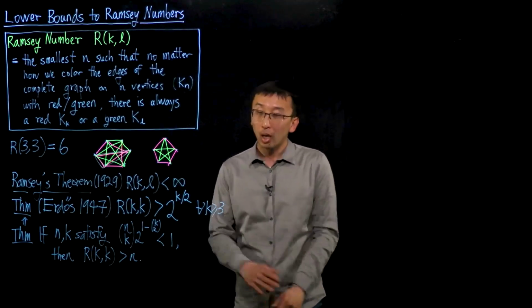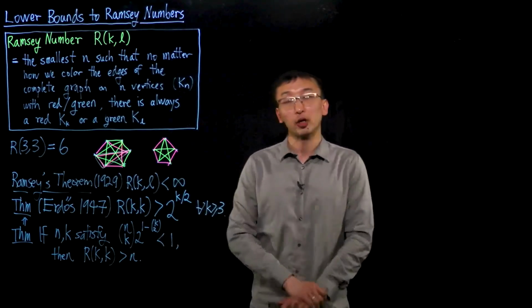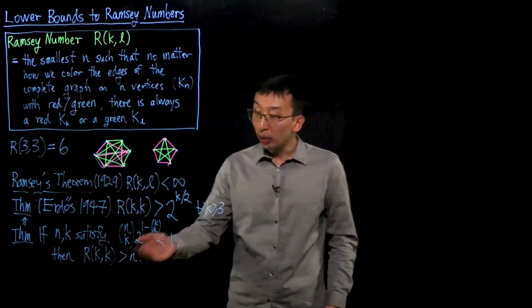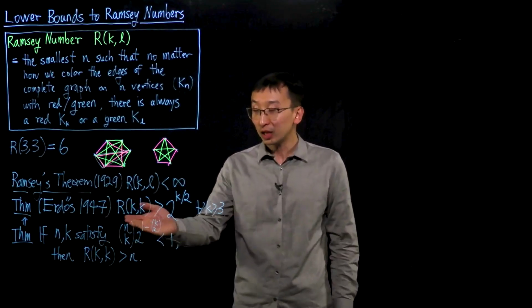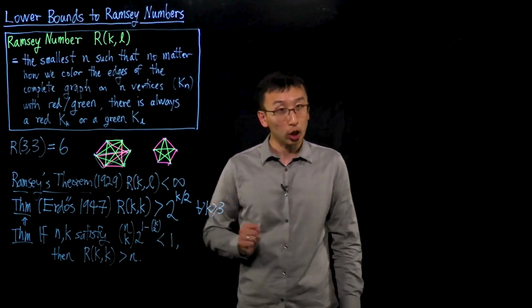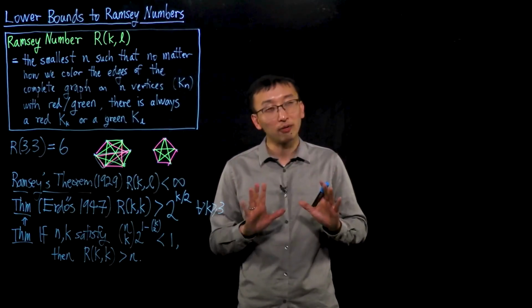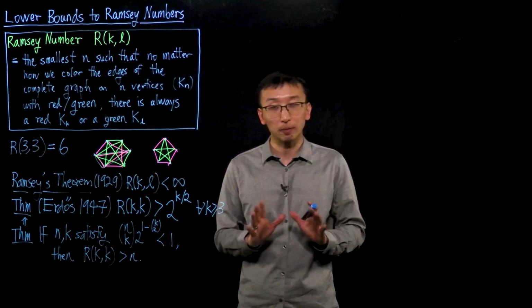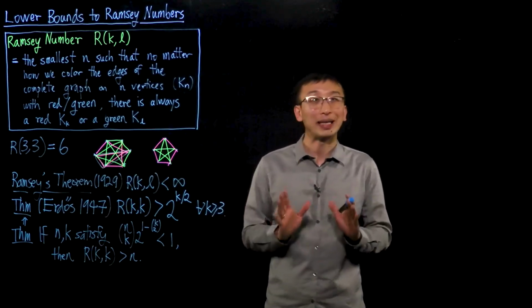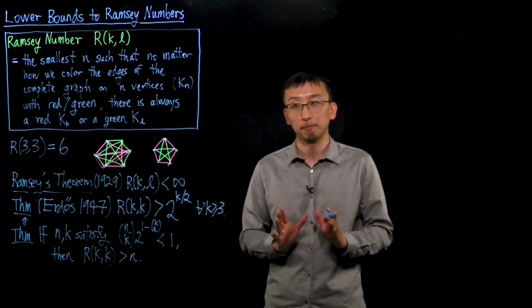Okay, so let us prove the second theorem. So what is it saying? If n satisfies certain inequalities, so that n is not too large, then it is possible to color the edges of a complete graph on n vertices so that there's no monochromatic clique on k vertices.